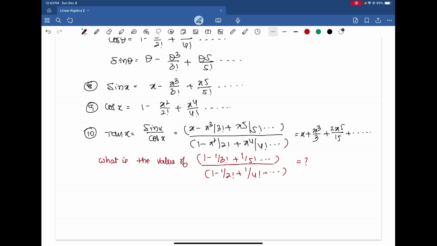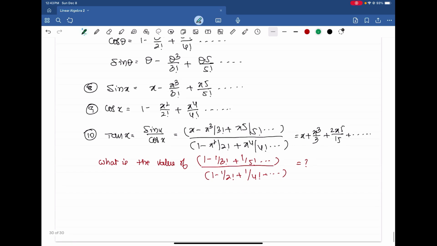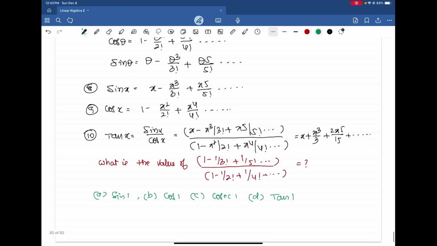The alternatives also we can write like this: A, sin 1; B, cos 1; C, cosecant 1; D, tan 1, where the angle is in radians. What do you say from this? It's nothing but tan 1, because x is equal to 1, I have put in the series. Answer is tan 1.